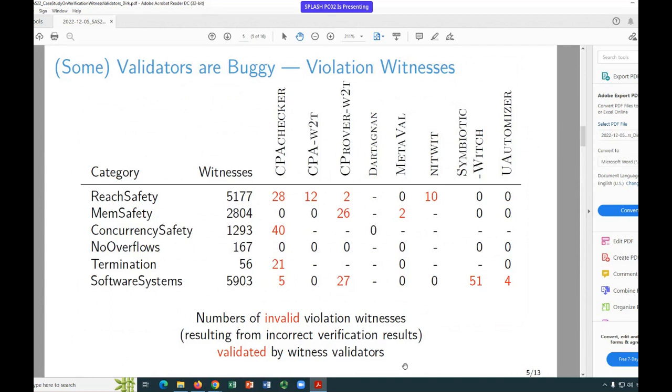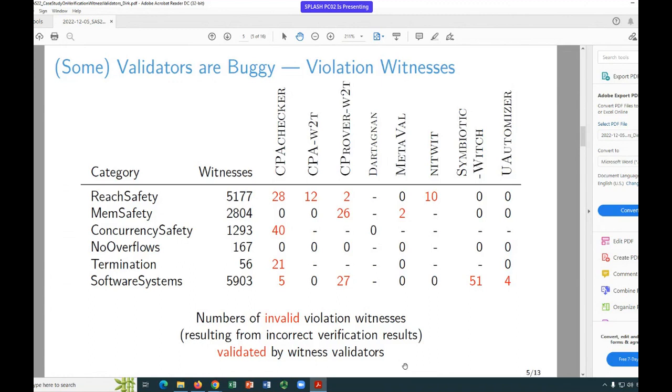Dartagnan is a tool for verifying concurrent programs. MetaVal is built on other verification tools, reducing the validation problem to a verification problem. And Nitwit is an interpreter. It goes through the C program, interprets the values along the path, and tries to establish that the bug is there.